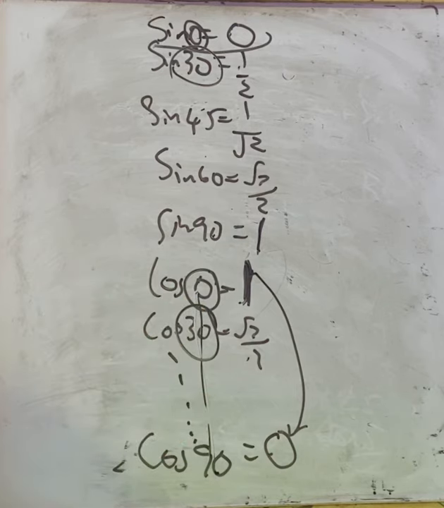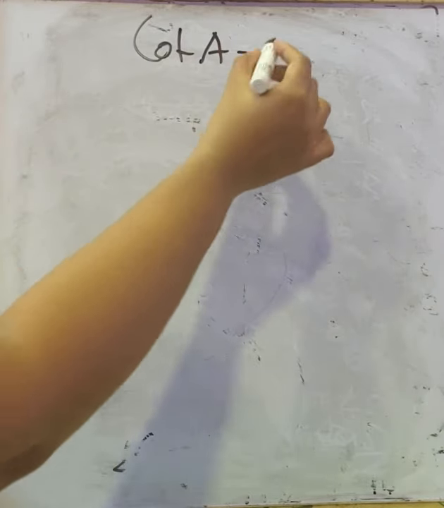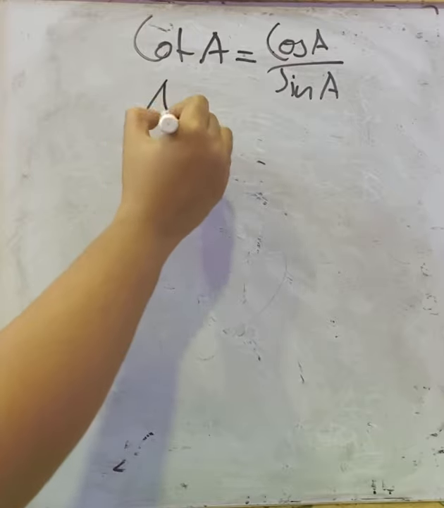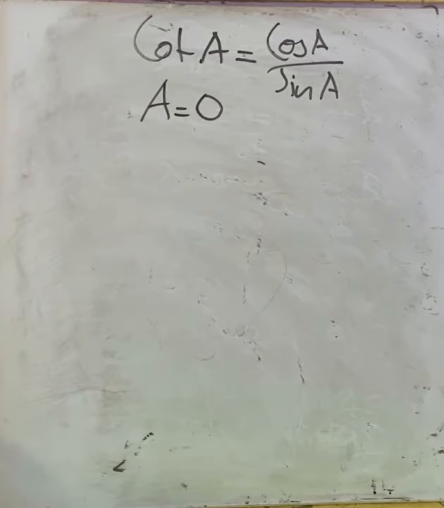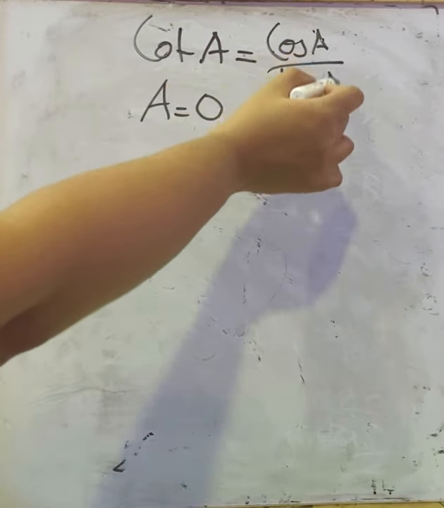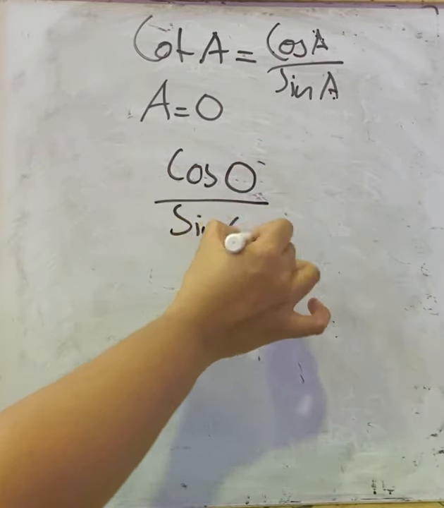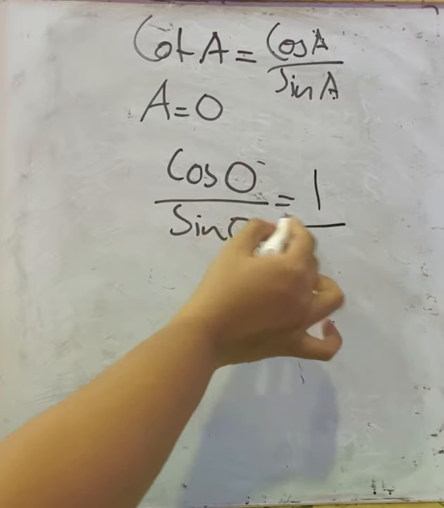Next one, cot A is not defined for A equal to 0. Actually, cot means cos by sine. Now we are talking about A equal to 0. We have to find cot 0. So we will put A as 0 here. That is cos 0 by sine 0. Cos 0 we know is 1 and sine 0 is 0.